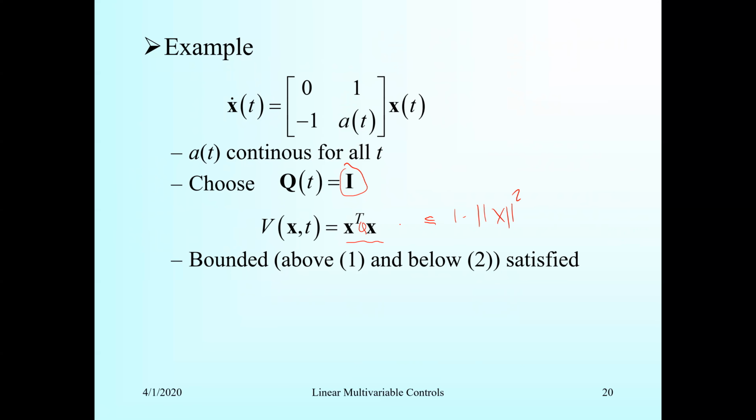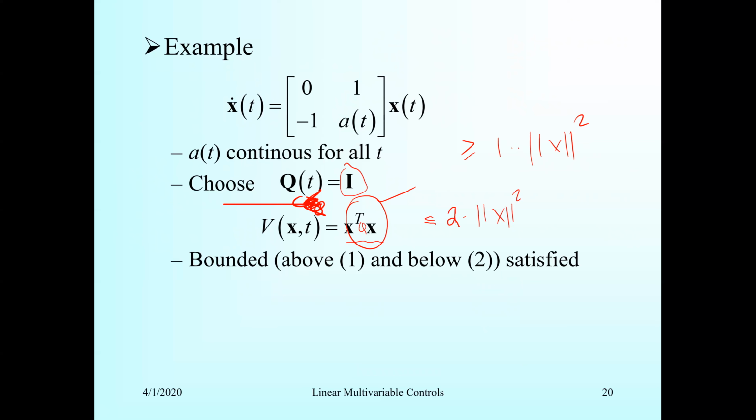So this is upper bounded by 2, and lower bounded, let's say this one is greater than or equal to 1 times x squared, okay?